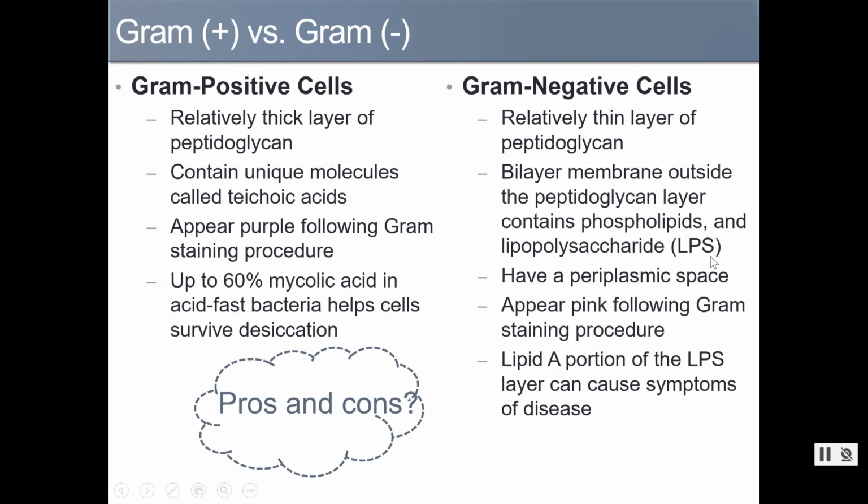Part of that lipopolysaccharide is lipid A, which can cause its own set of signs and symptoms for a disease, and they will stain pink following a gram stain procedure. And remember, there is a periplasmic space between the outer membrane and the cell membrane of your cell envelope.